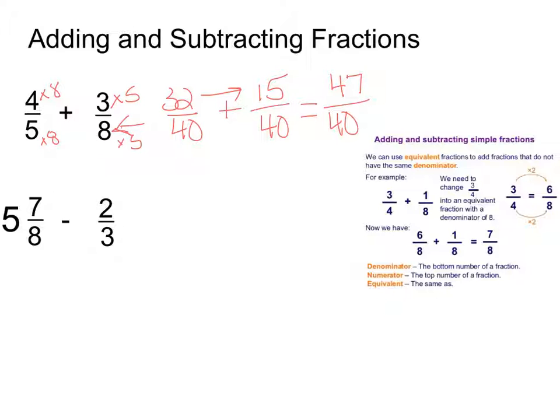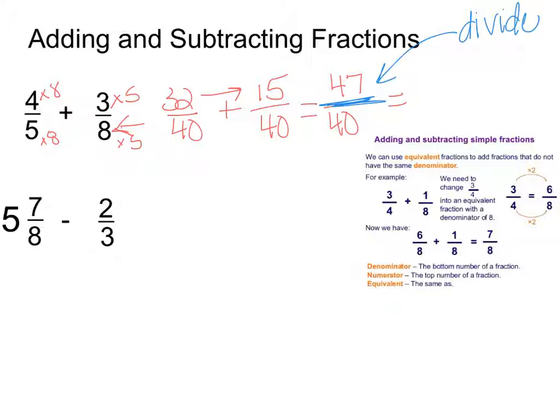And then my answer is in lowest terms, but I might be asked to make that a mixed number. If I am asked to make a mixed number, I look at this as a division problem. Anytime you have a fraction, this bar, the fraction bar, means divide. That 47/40 literally means 47 divided by 40.